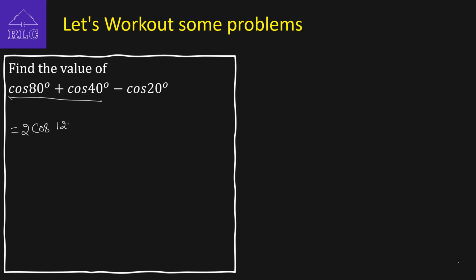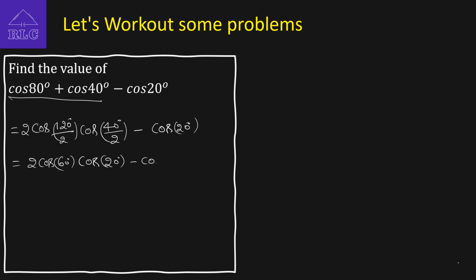So that means 2 cos(120/2) cos(40/2) minus cos 20 degrees, which is 2 cos 60 degrees cos 20 degrees minus cos 20 degrees.